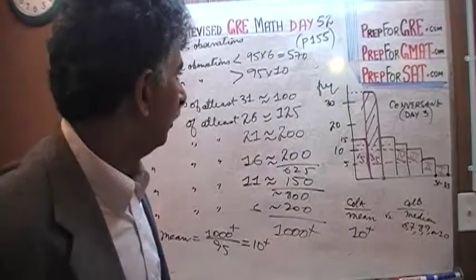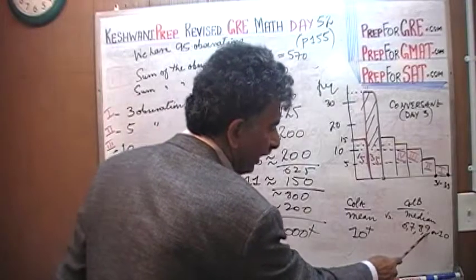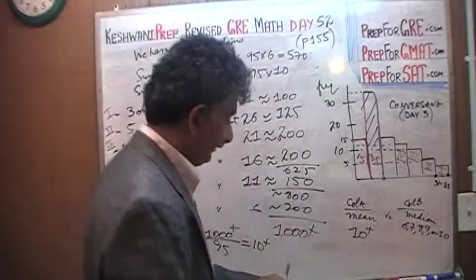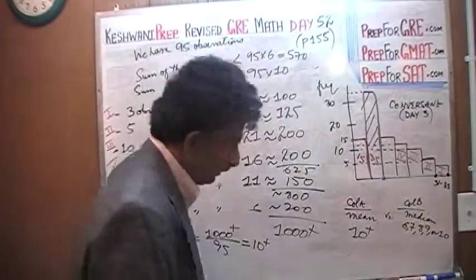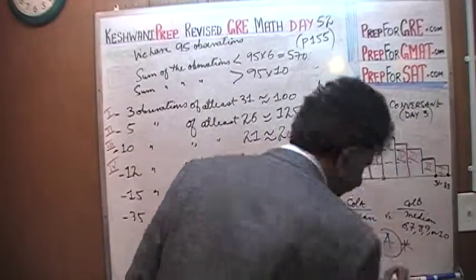The median, we know, falls somewhere here, which means the median is either 6, 7, 8, 9 or 10. The mean, whatever it is, is more than 10. And since the mean is more than the highest possible value of the median, therefore the answer is A. That's it.